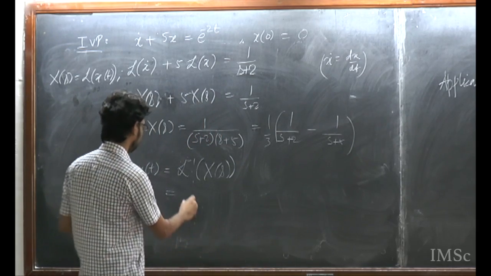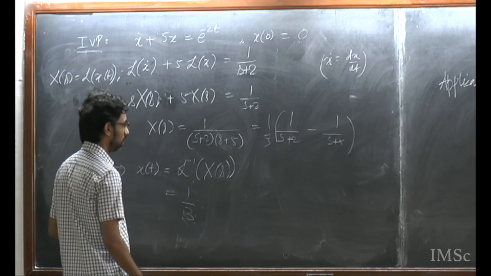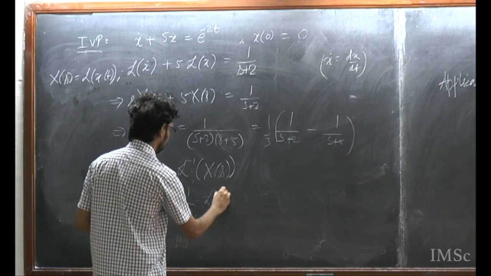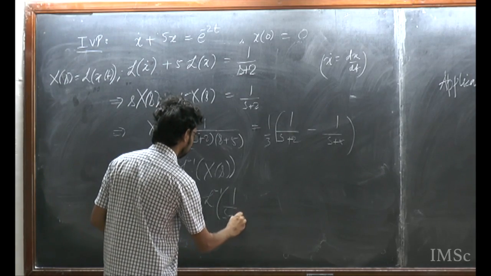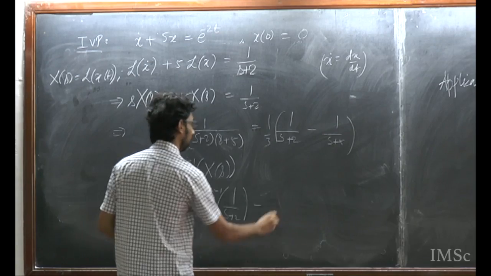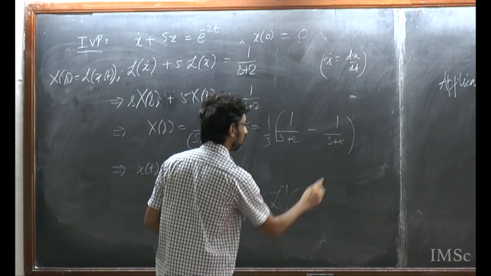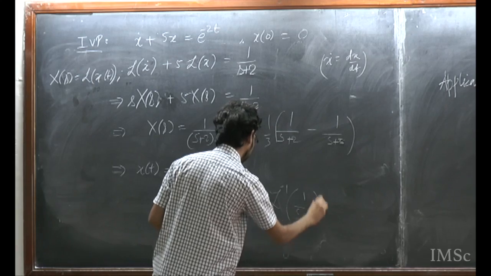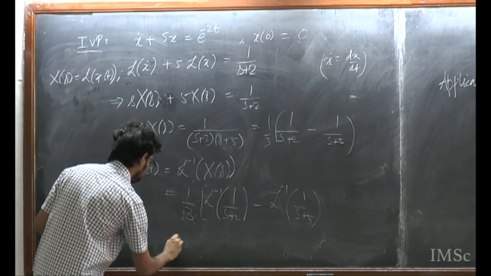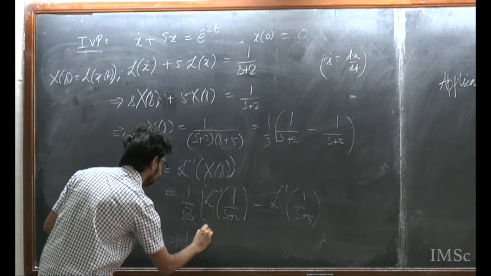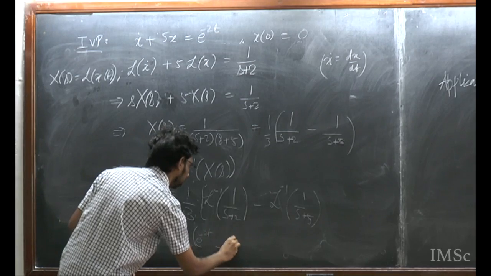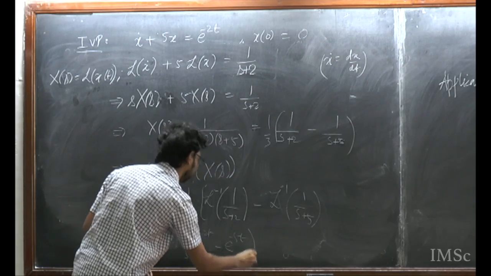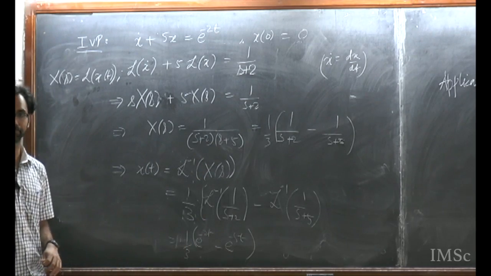Okay, so you can use that linearity property: 1 by 3 times L inverse of 1 over s plus 2 minus L inverse of 1 over s plus 5, and now it's easy. So this is 1 by 3 times e to the minus 2t minus e to the minus 5t. Okay?